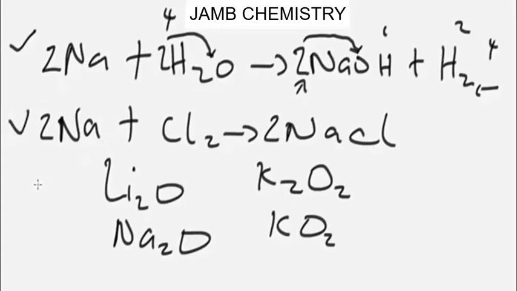And then their reaction with oxygen forms a metallic oxide. So this is basically what you have to know about the reactivity of group 1 elements. Note again that group 1 metals are much more reactive than transition metals.